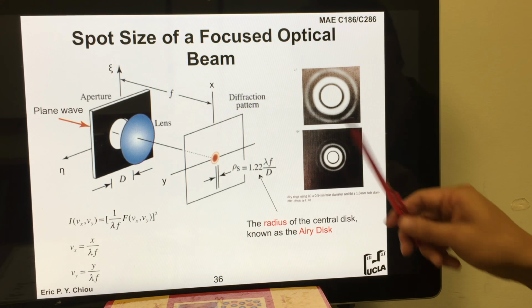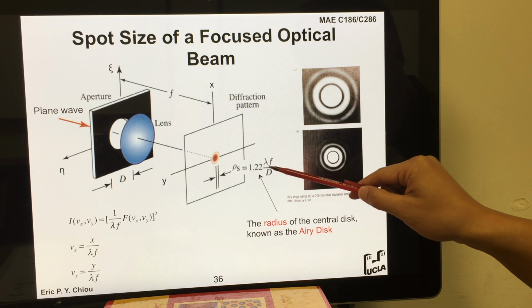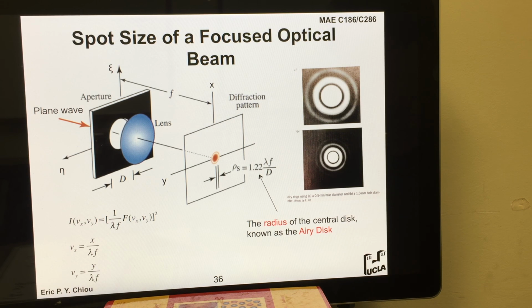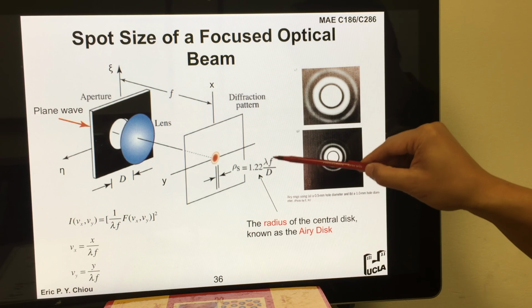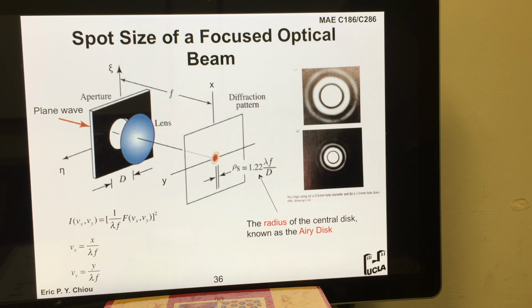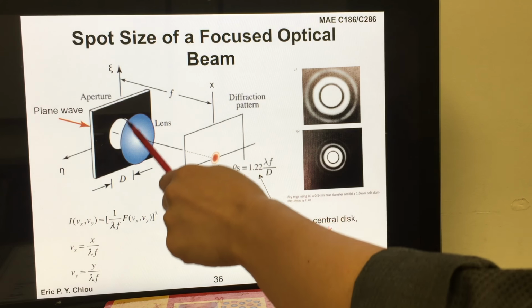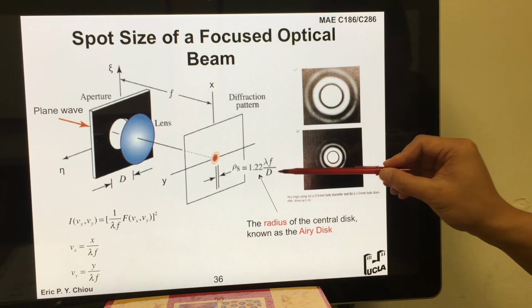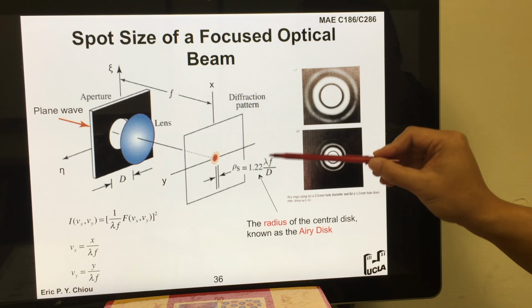Two things: one is the focal length, the other one is your aperture. The ratio of these two is similar to length over diameter, and it's similar to the numerical aperture, right?